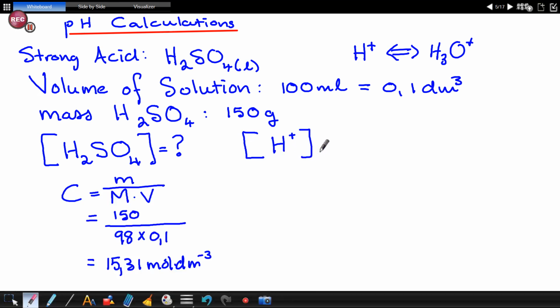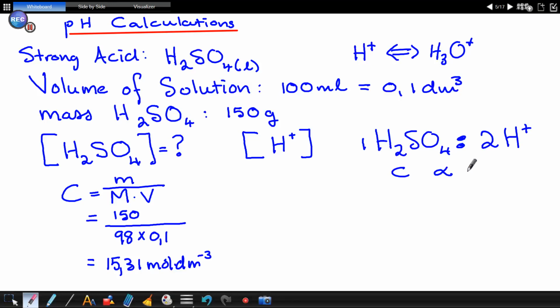Here it is important to know that for one H2SO4 there are 2 hydrogen ions. So if you've got 1 mole of H2SO4, you'll have 2 moles of hydrogen ions. So the ratio is 1 to 2.